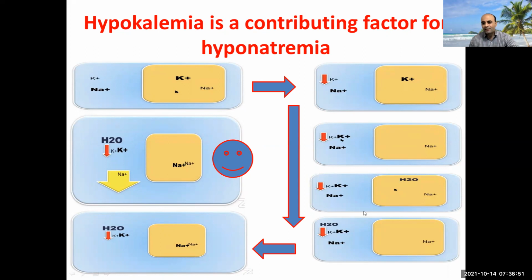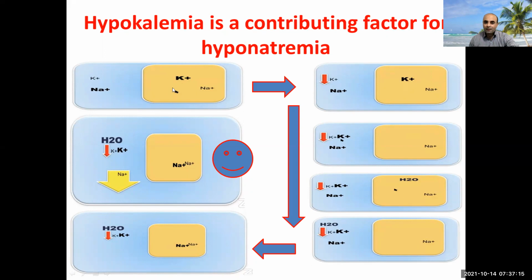Next step, the water will take potassium out here. The sodium will return back because we already have positive charge and negative charge increase here, to be electroneutral. The sodium will go inside the cell and will worsen your hyponatremia. Easy mechanism.